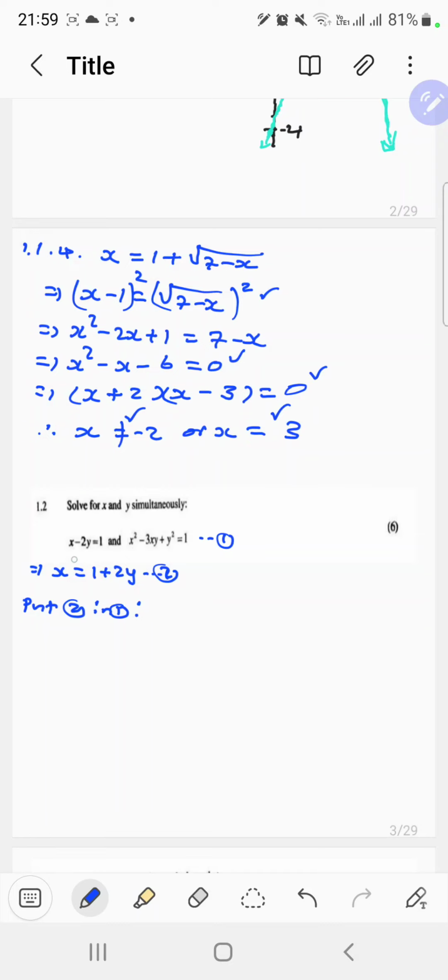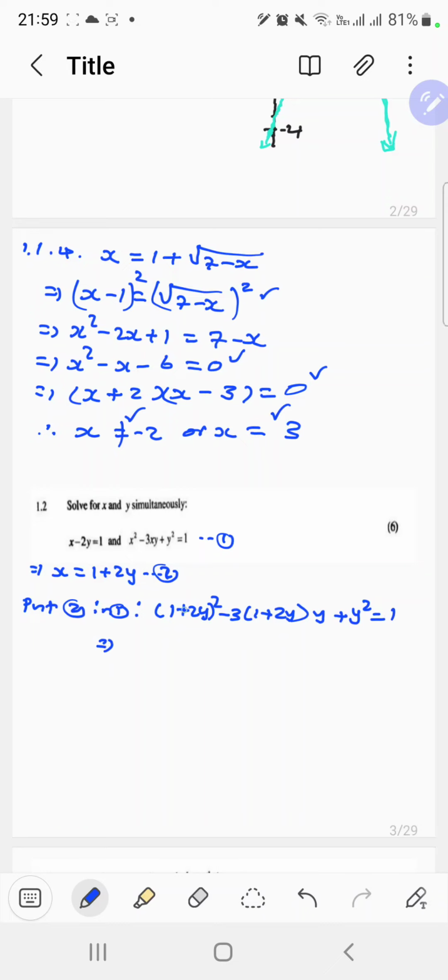Where you see x, we put 1 plus 2y. So this is going to be (1 plus 2y) squared minus 3, where you see x, you put 1 plus 2y, and then of course this is multiplied by y plus y squared is equal to 1.